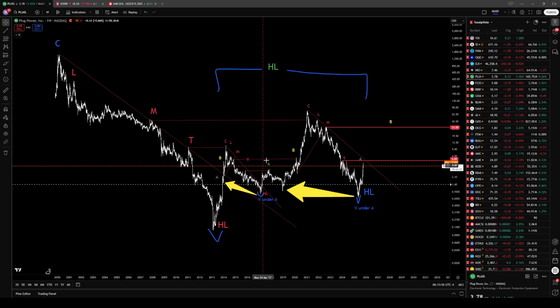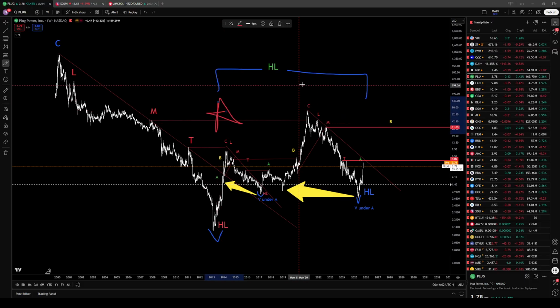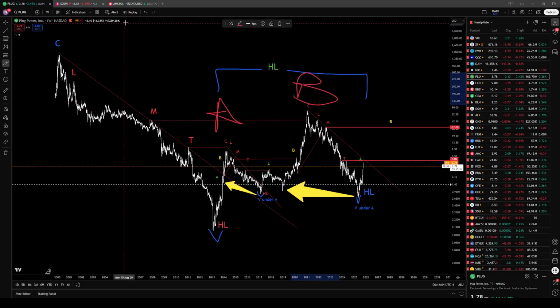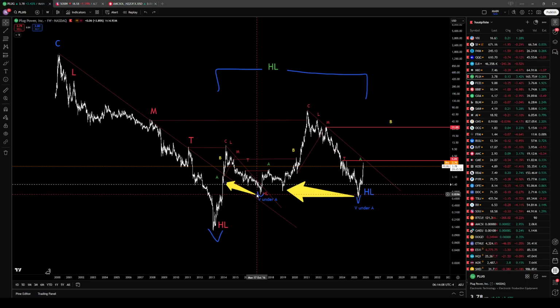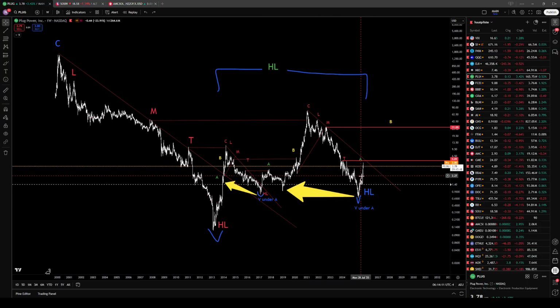Why would this be your higher low and not big A and big B? It's just because we are lower than this low, and B isn't lower than the A low.